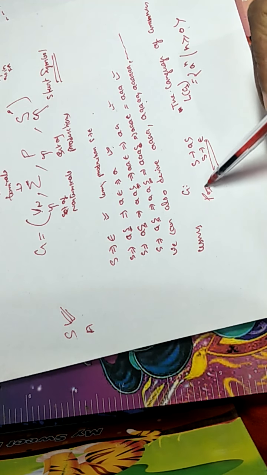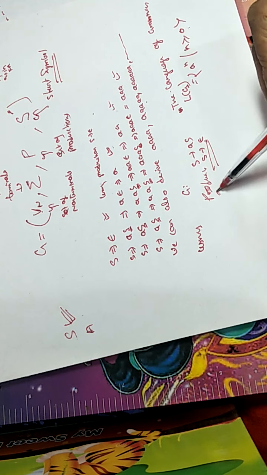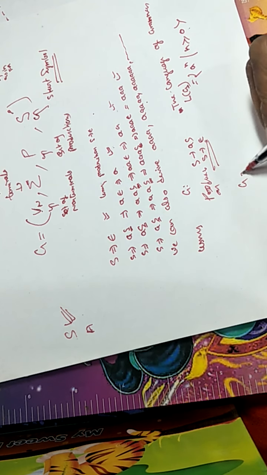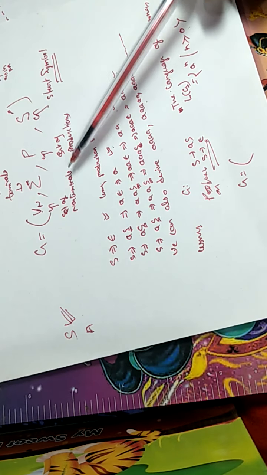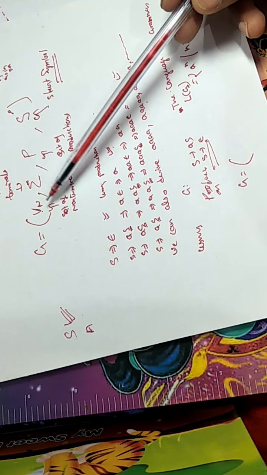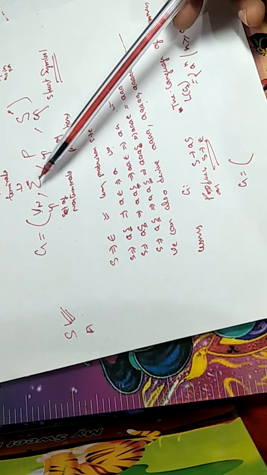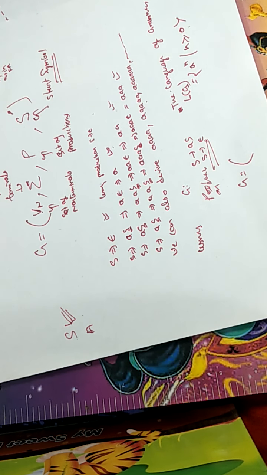So grammar is a set of 4 tuples. As we have already said, grammar is a set of 4 tuples: non-terminals, terminals, productions, and start symbol.